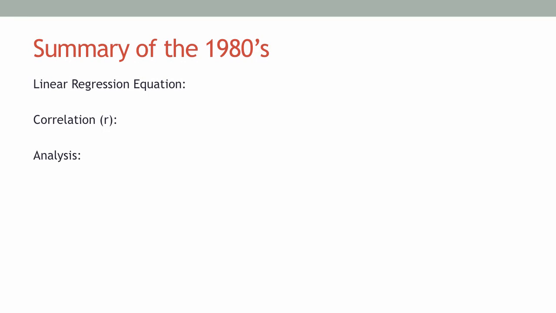So our linear regression equation, the line of fit, was y equals, I think we had a slope of about 0.21x plus about 4. I can't remember the exact value. And the correlation value for R was 0.0858. So what is our analysis?